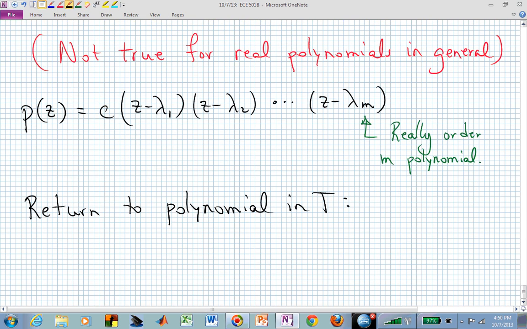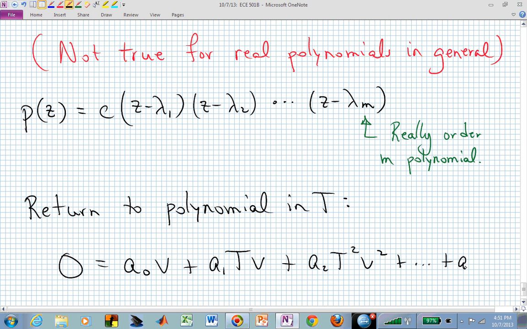If we go back to the polynomial in T, then we have 0 is equal to a sub 0 v plus a1 Tv plus a sub 2 T squared v plus all the way up to a sub n T to the n v. So I don't want to do a v squared, do I? I just want v by itself because I want to factor it out.